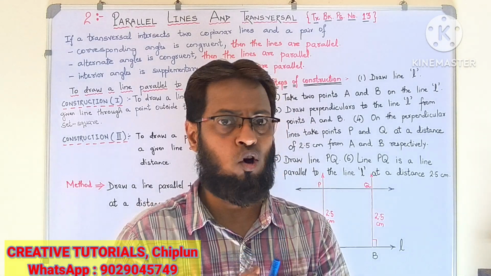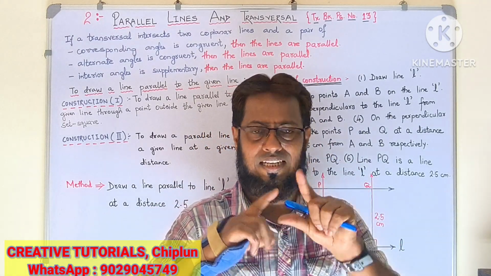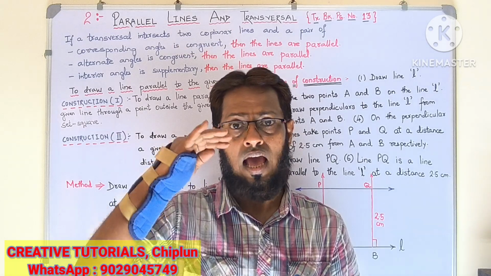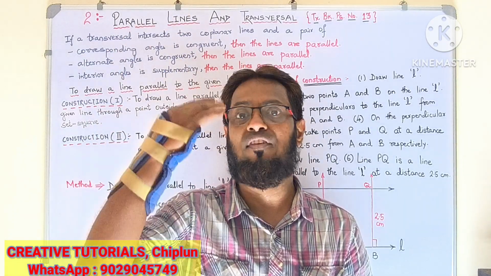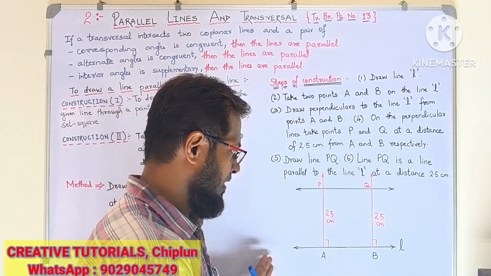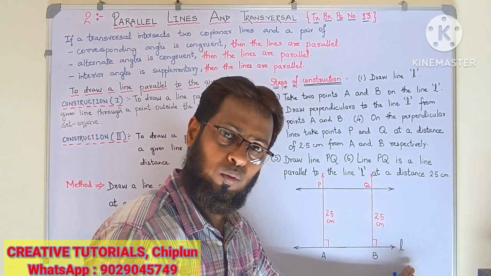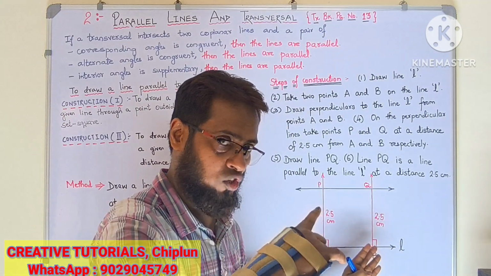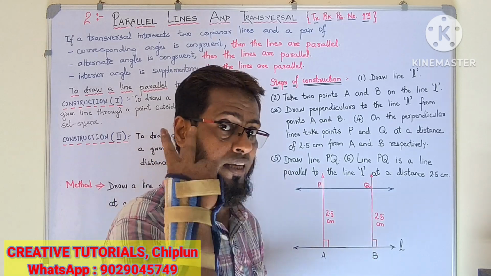So one we saw by using set squares right now, where the point was lying outside the given line. That means if you remember, this line L was given to us, we had already drawn it in the first construction. Today this video is on second construction.